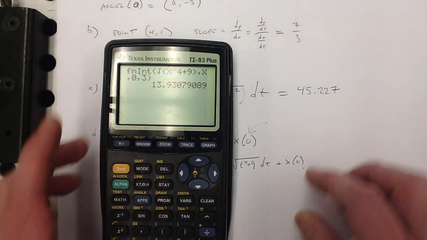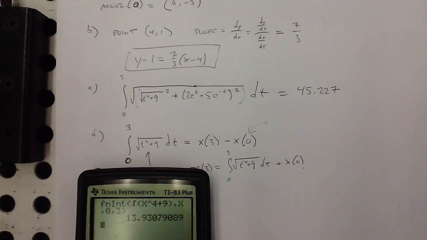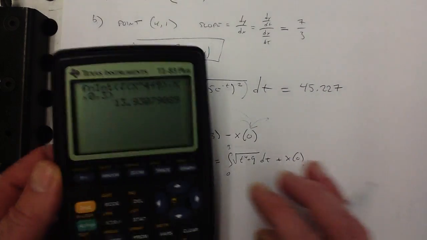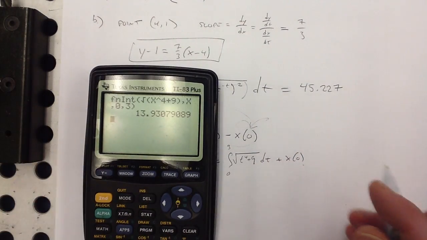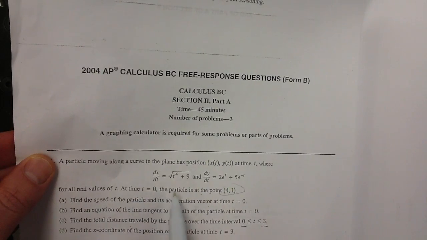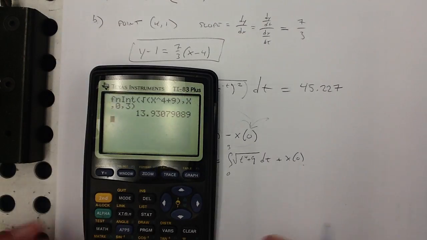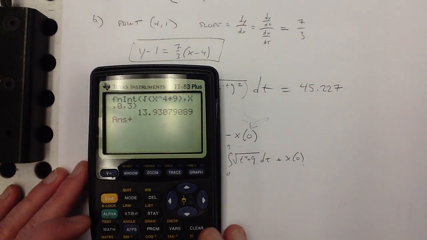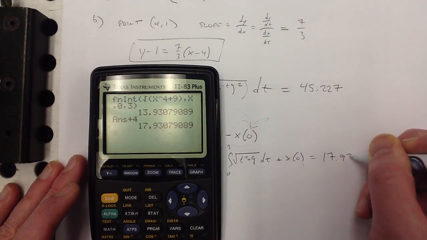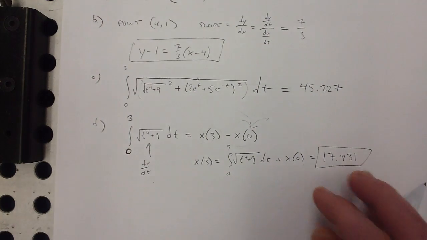That's 13.931. Just make sure I got all that in right. Yep, that looks right. And then I need to go ahead and add this over to the other side. So I'm adding 4 because they told me that at time 0 the particle is at 4, 1. So that's the x coordinate at 0. So plus 4. That's 17.931.